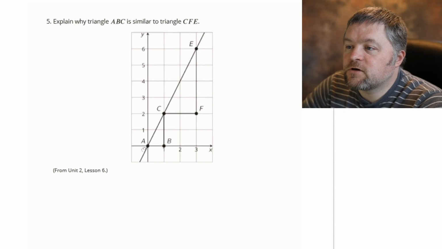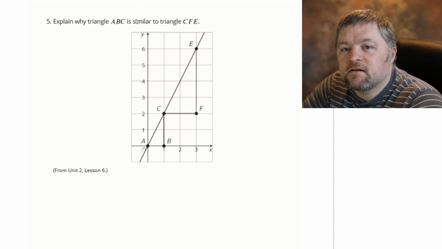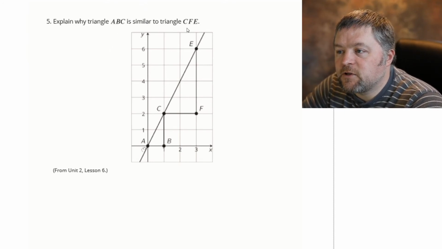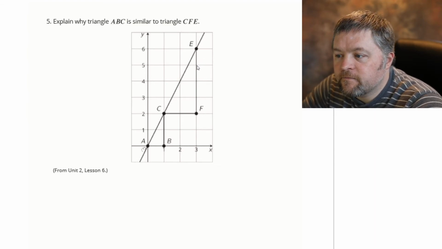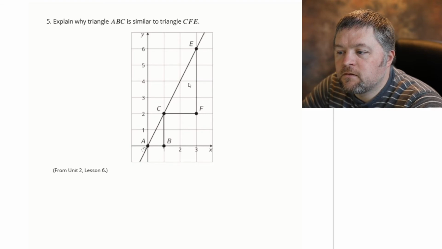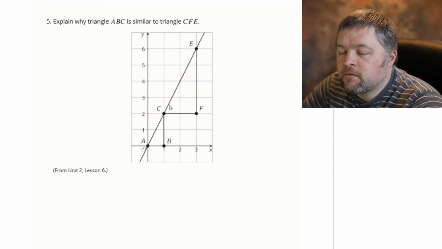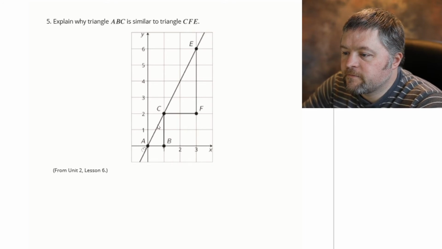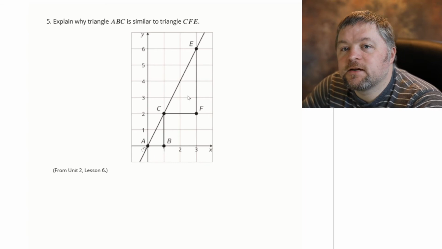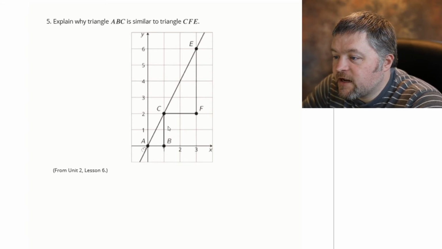Okay, our next question is explain why triangle ABC is similar to triangle CFE. So there are different ways we can do this. The first thing I would like to look at is there a consistent scale factor?